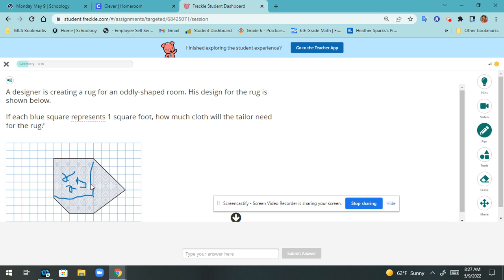Okay, so imagine that that's a 25. Then you have a triangle here. So you count your height, 1, 2, 3, 4, and your base is 1, 2, 3, 4, 5, 6, 7. So 7 times 4 is 28. Half of that is 14. So this part is 14.